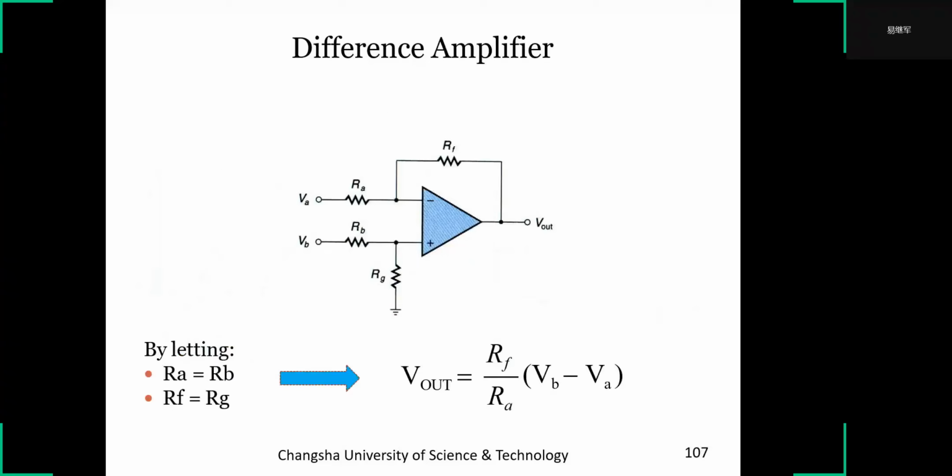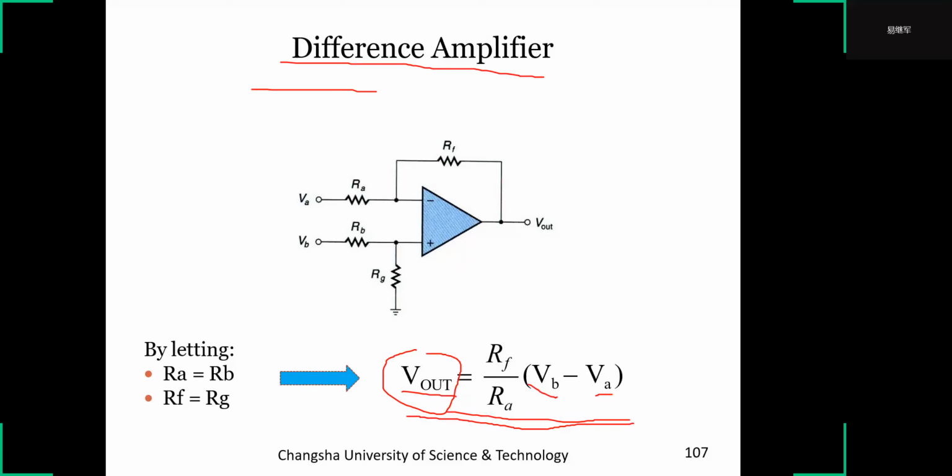It's a difference amplifier. The output voltage is calculated by this equation. If VB is equal to VA, the V out is 0.